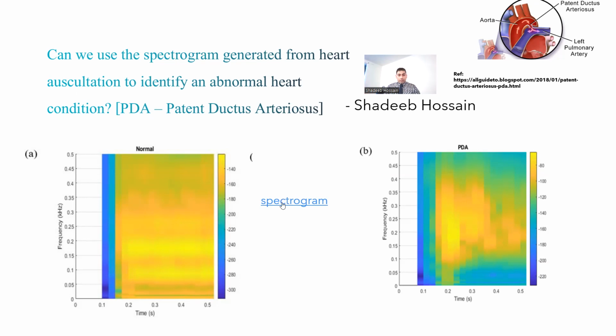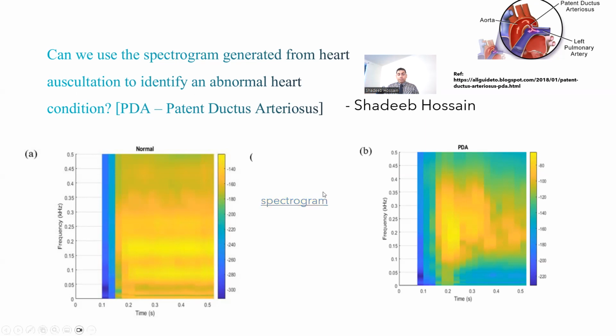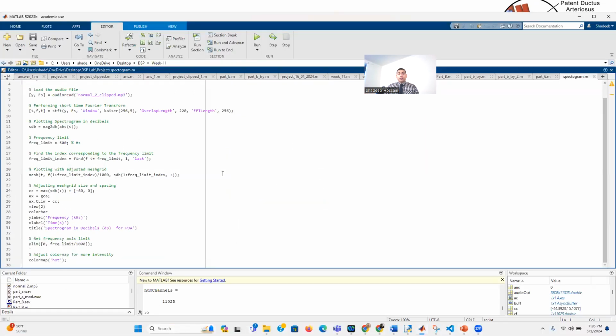Now, if I click on this one, here's a MATLAB code you could see over here. I'll explain what's going on, but when you run it, this is with a normal patient. You could see over here, that's the MP3 file that's been used.